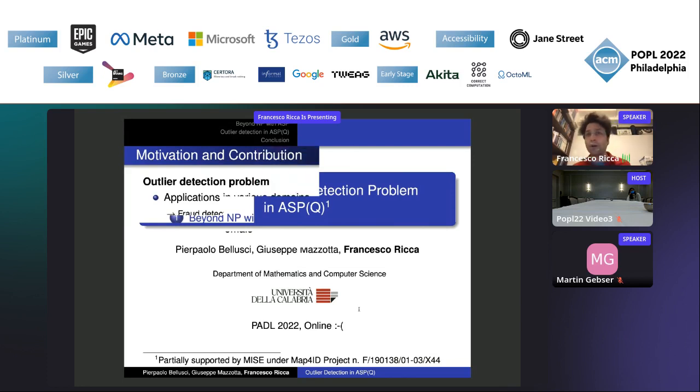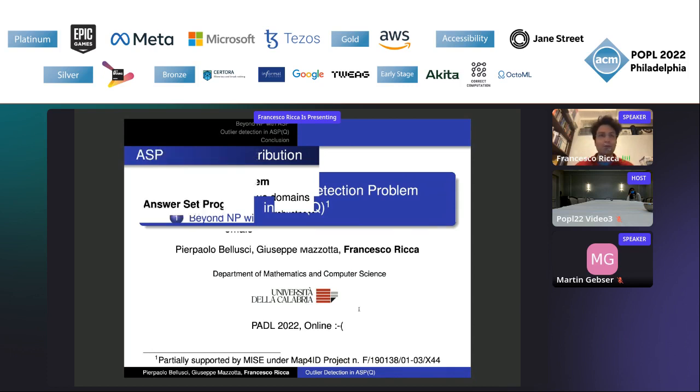So what was our goal in this paper? They had a solution modeled in ASP. We wanted to provide a more elegant one and also a more efficient implementation. And for doing this, we used this extension of ASP with quantifiers that I will describe in a while. Of course, we compare with the existing solution.